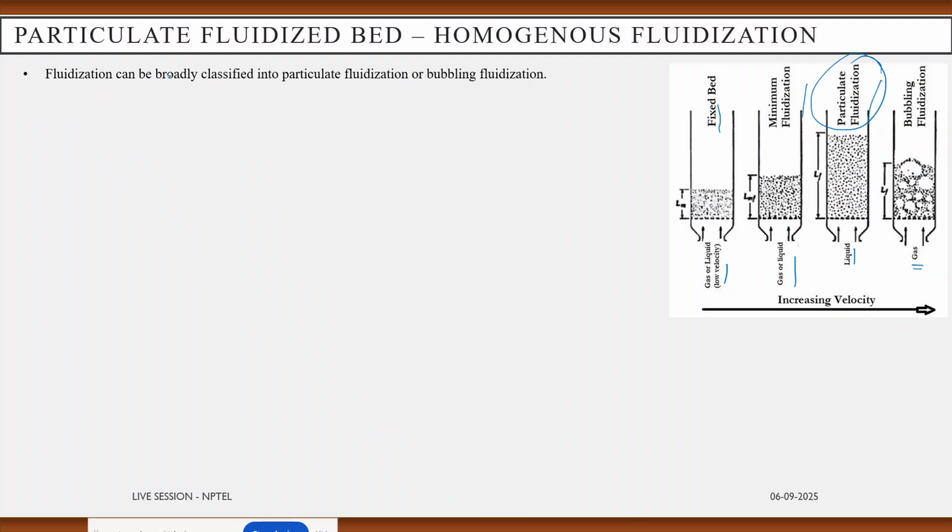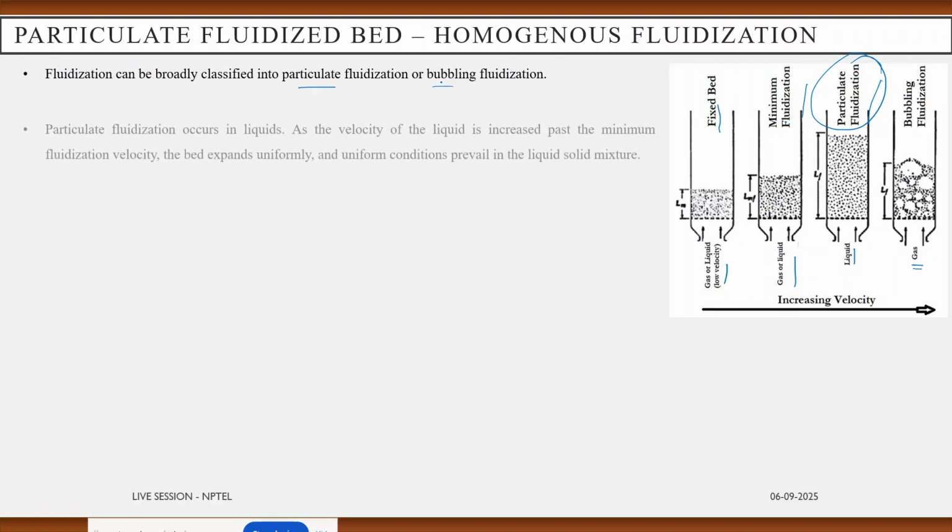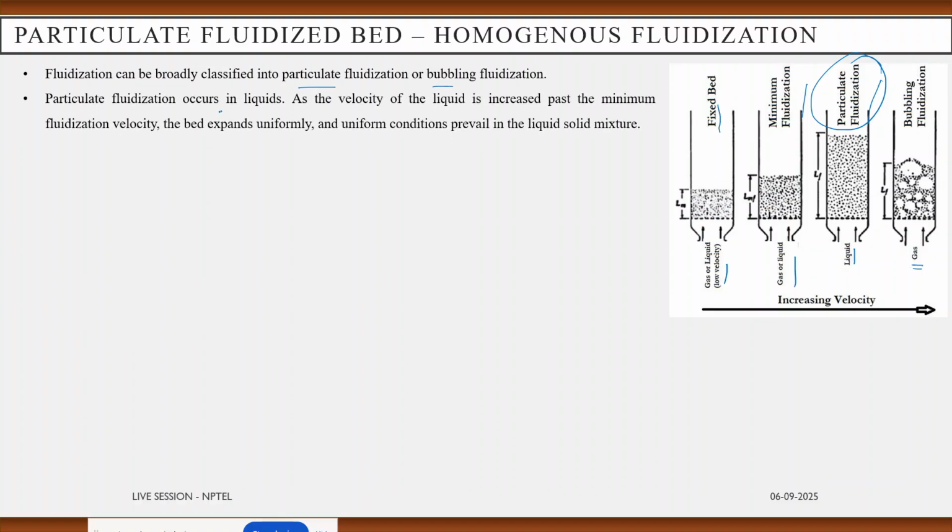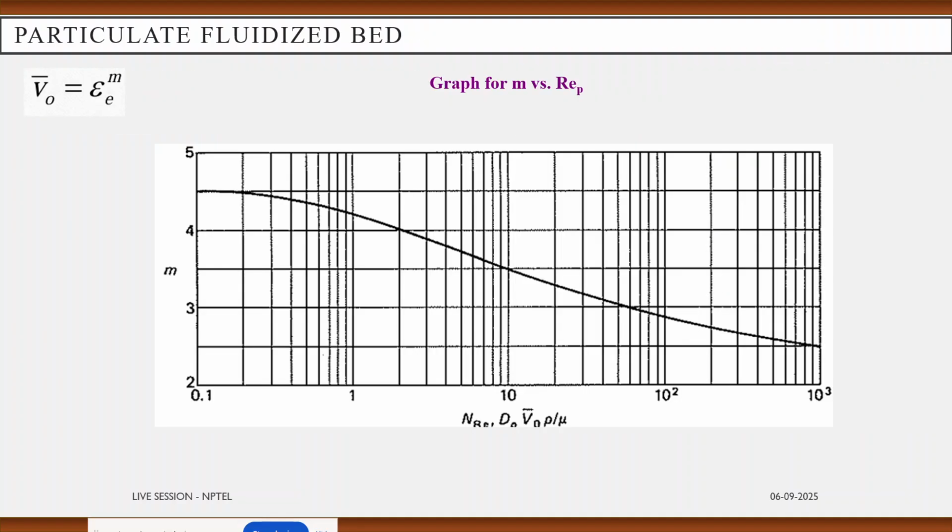So fluidization can be broadly categorized into two parts. One is particulate, another one is bubbling. Particulate fluidization occurs when you are dealing with liquids. As the velocity of the liquid is increased past the minimum fluidization velocity, the bed expands uniformly and uniform conditions prevail in the liquid-solid mixture only.